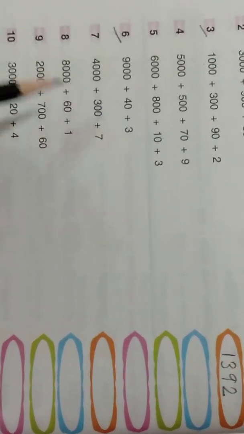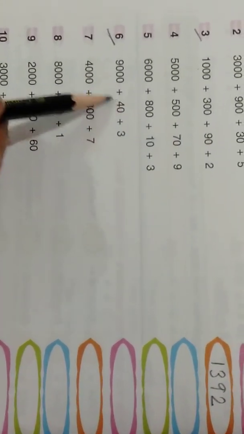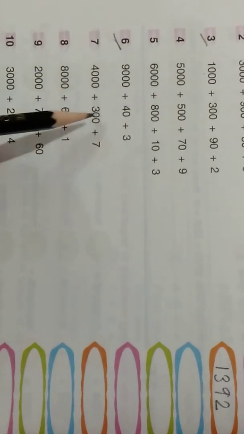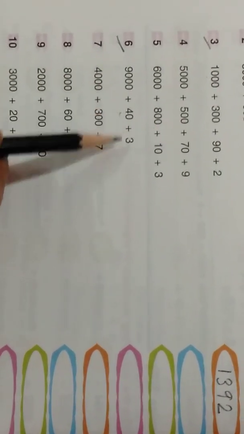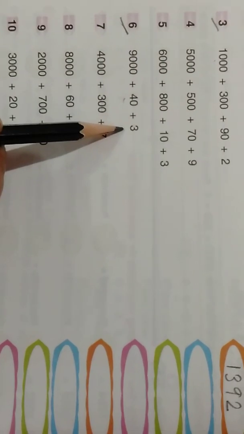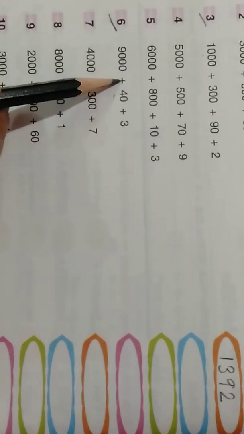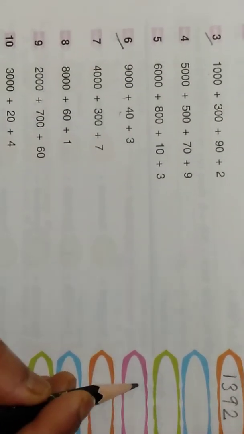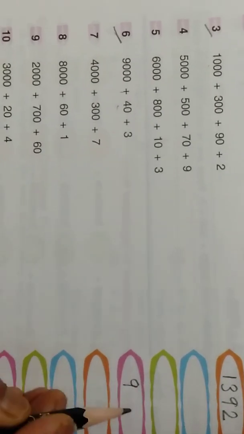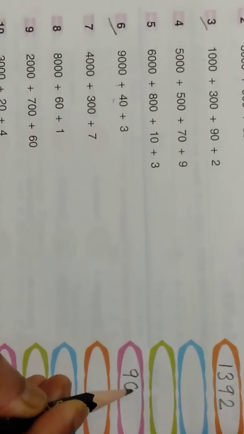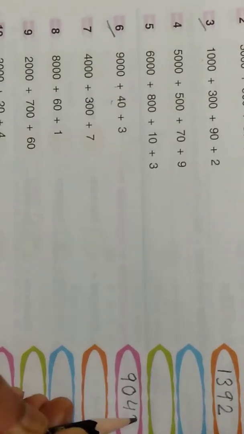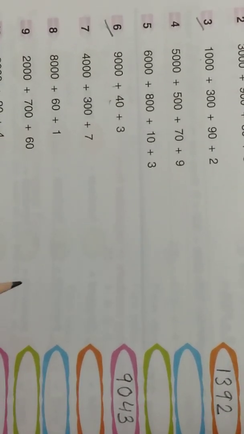Question number 6. Is any place of 100 given here? 40 is given, that is the tens place. 3 is given, that is the ones place. No place for 100. So what are we going to do? 9. No place of 100. So we will just write 0, 4, 3. Understood?